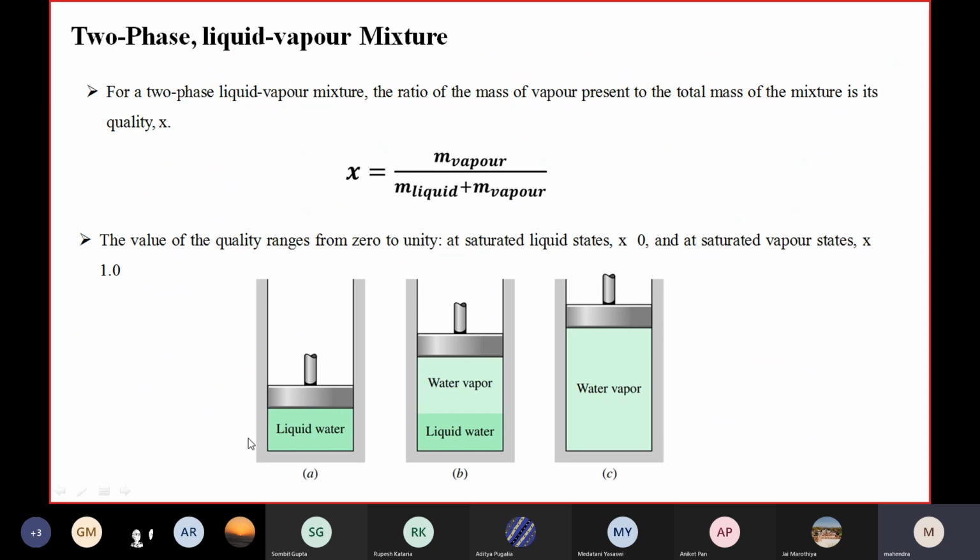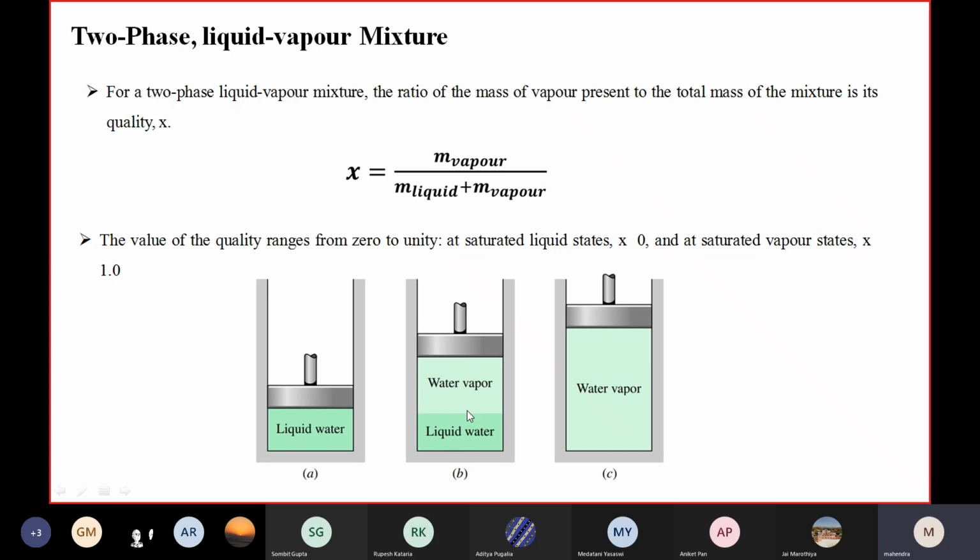Suppose this is saturated liquid and this is saturated vapor; in between, in the latent heat zone, we have a combination of both water and vapor. So what is the amount of vapor divided by the total mass? That we call the dryness fraction.